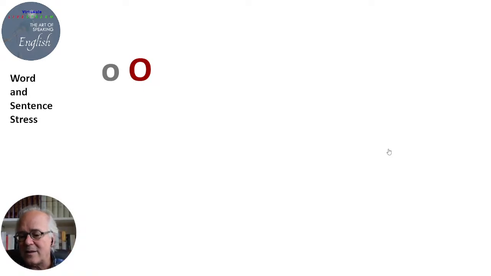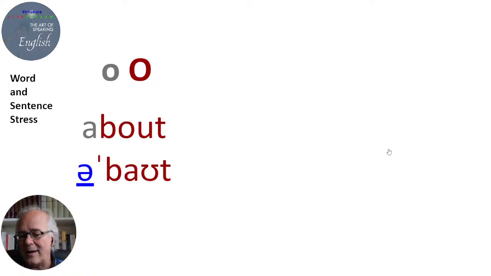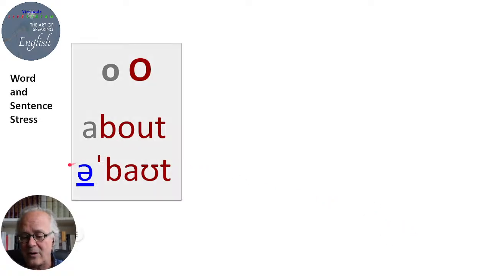We can see that this schwa can have many different letters, right? When I say schwa, I am referring to the phonetic symbol and the sound, about. But the representation in the word can be with many different letters.